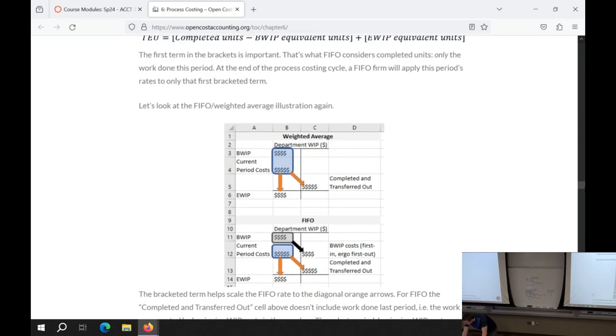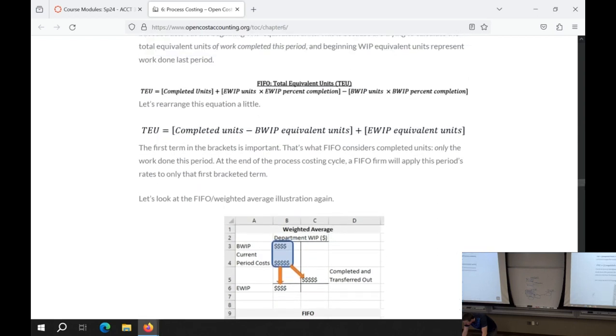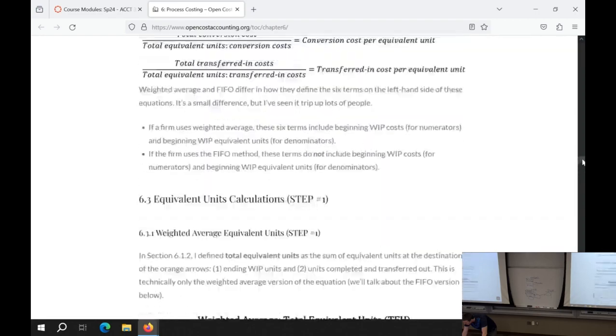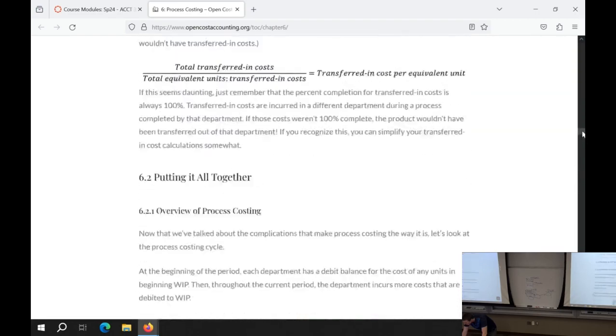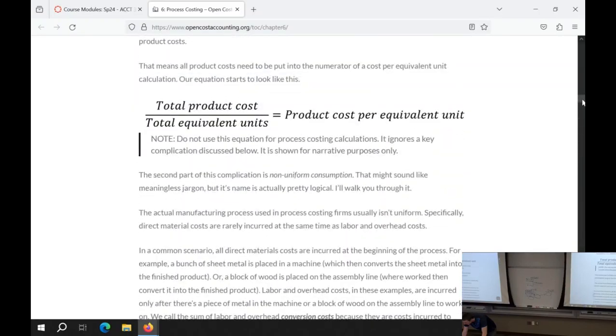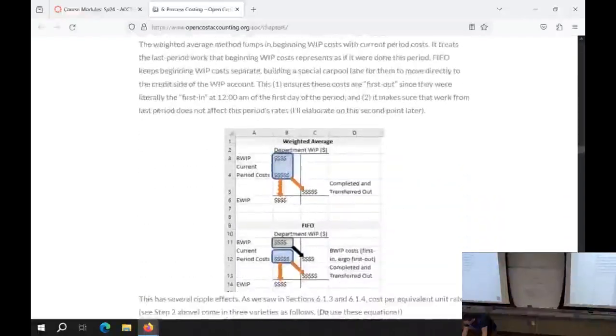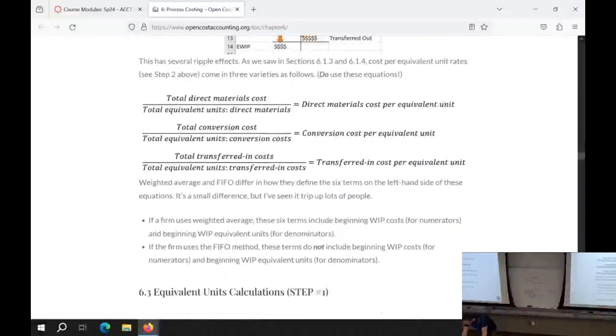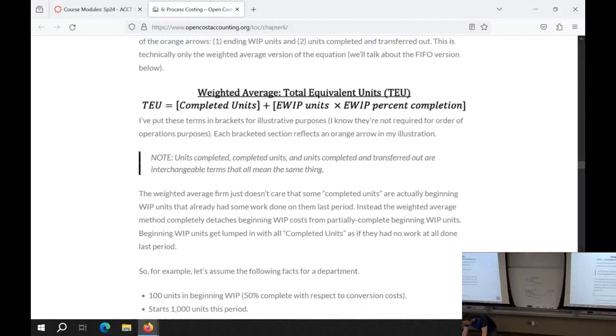The basic idea is we're going to use these as our denominator in equivalent units form. That's what TEU is. That's the focus of 6-1, to calculate this using the weighted average method.